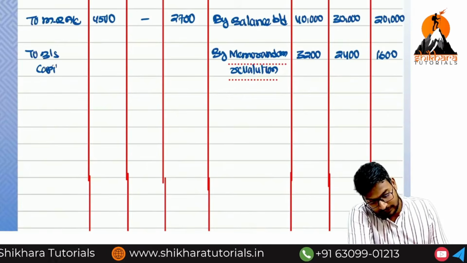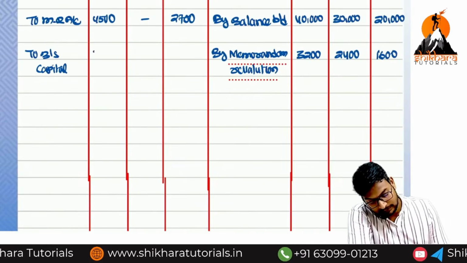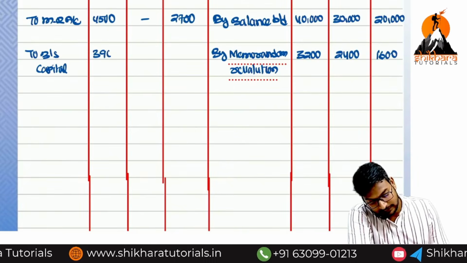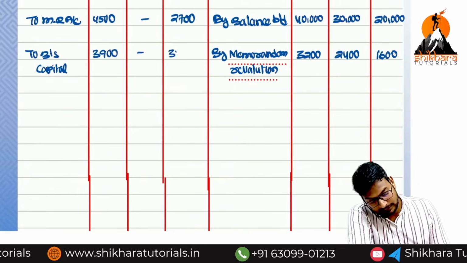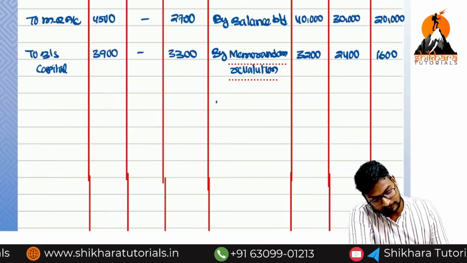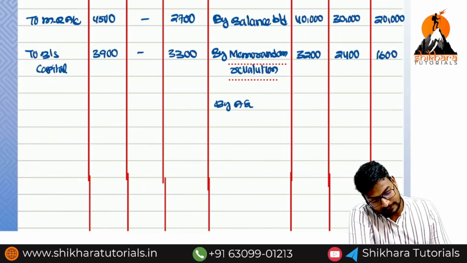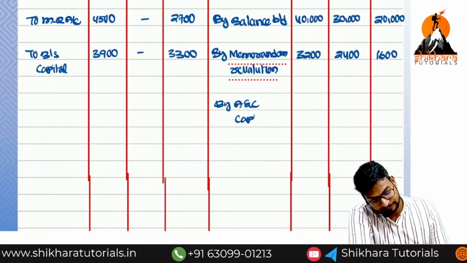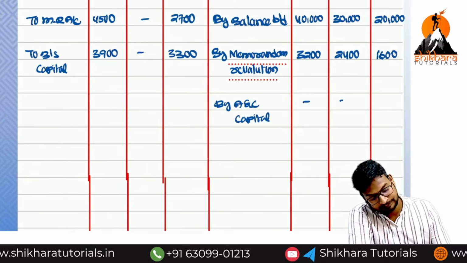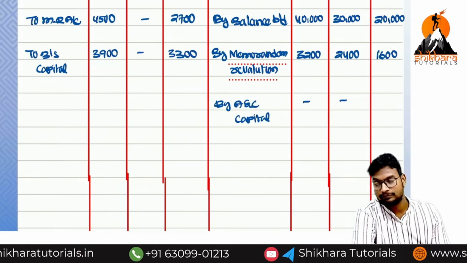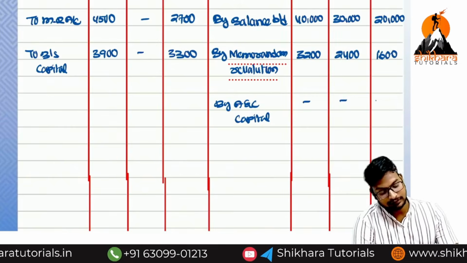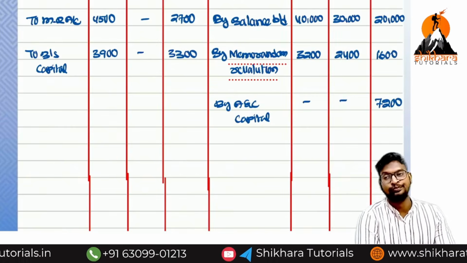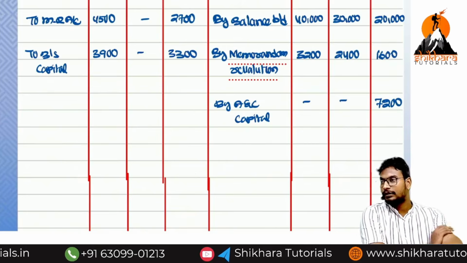By A and C capital, how much amount? 7,200. That's all. Is there anything we need to do now?